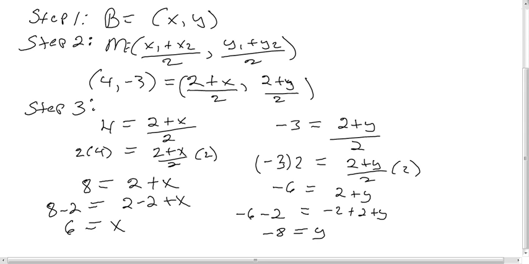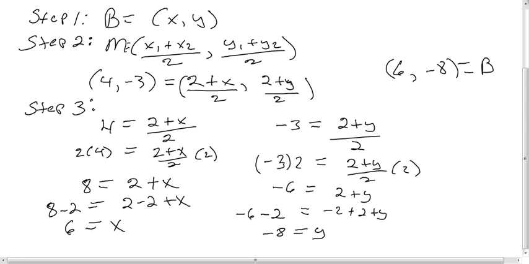So here we have our y value, which is -8. The only thing we have to do now is look at our ordered pair, and our ordered pair here is (6, -8). So (6, -8) is going to give us our B value.